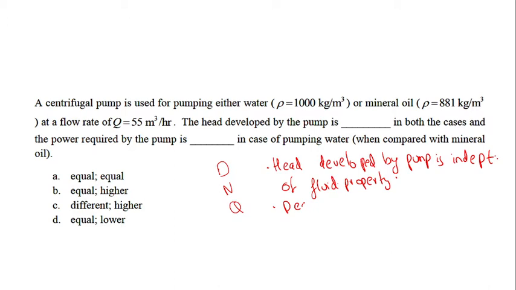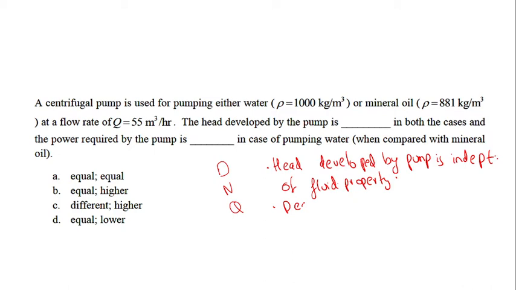It depends only on the diameter of the impeller, then frequency given by N, the impeller rotation speed, then flow rate of the fluid. It is independent of density, so head developed will be the same, but the power will be different.